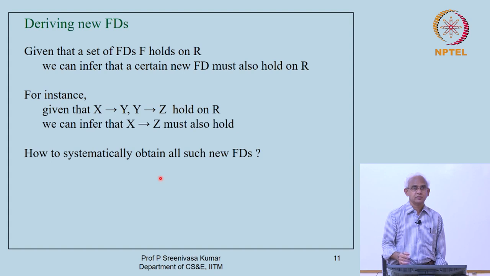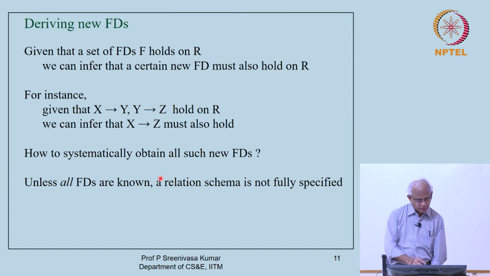As designers we have precious time, so we will not be able to sit down and list down lots of things. We will list the crucial things, and is there some algorithmic process by which we can obtain a lot of functional dependencies? That's one question that comes up. Of course, we assume that unless all FDs are known, a relation scheme is not fully specified.